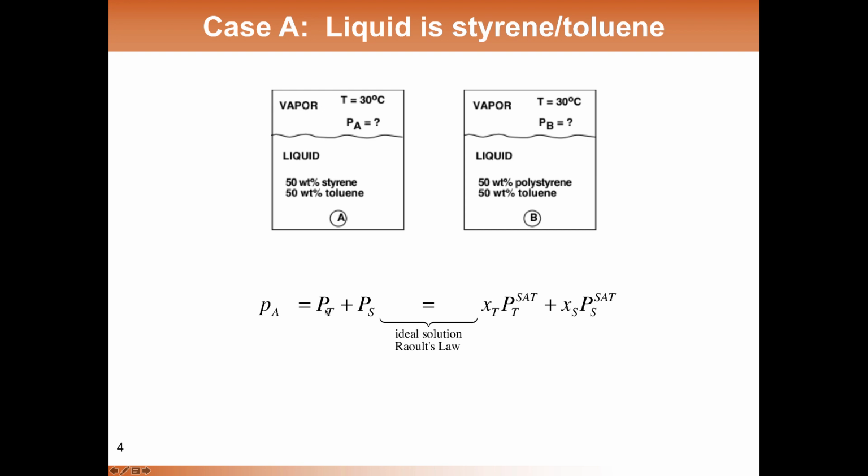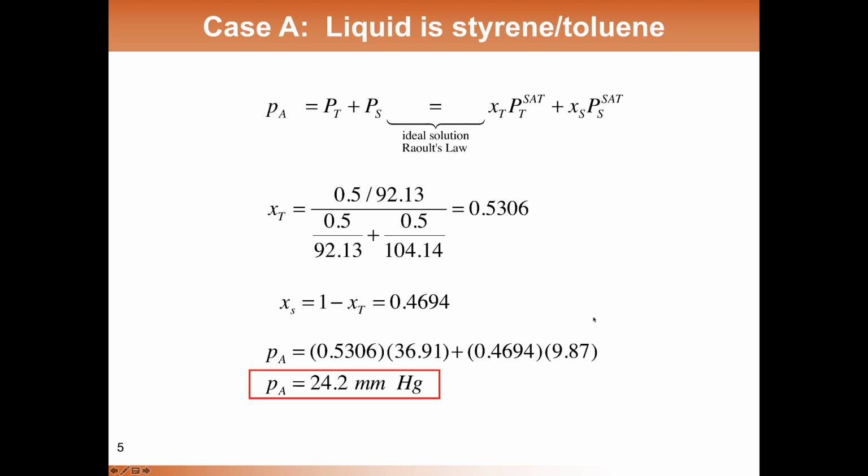Raoult's law will tell us that the partial pressure of any component above a solution is equal to the mole fraction of that component in the solution times the saturation vapor pressure of that component at the temperature of interest. And so this will be the mole fraction of toluene in the mixture, its saturation vapor pressure, and likewise for the styrene.